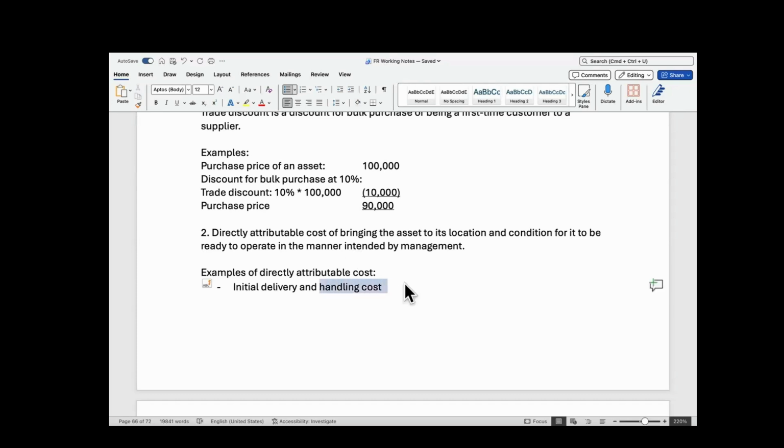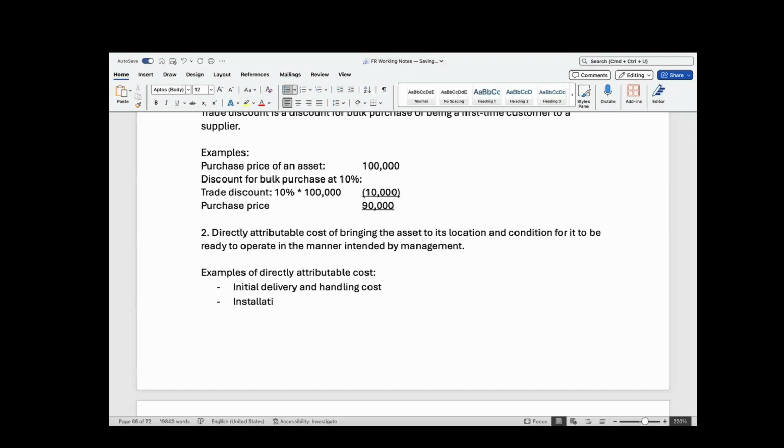Or handling costs. If you have to package the assets, or on your way you have to pay an agbero or a policeman that stopped you on the road just to get the asset to the location you want it to be. Initial delivery and handling.